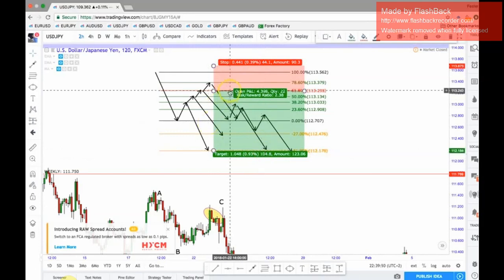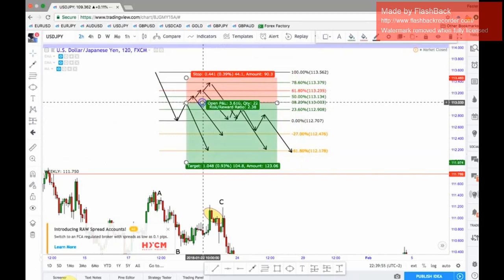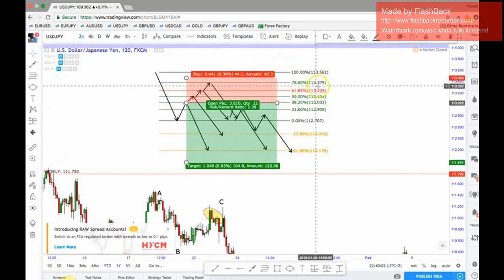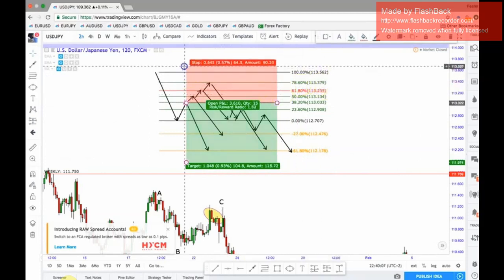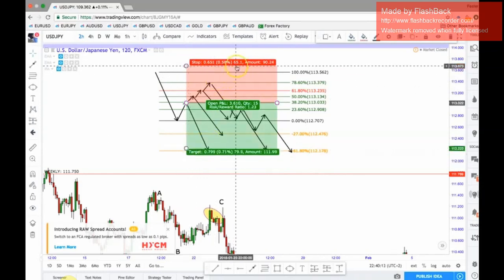Now let's just say you took the entry based off the 38.2 retrace, which is down here. The rules still apply with regards to 78.6. It needs to be 30 pips above 78.6's price point, which as you can see is 113.379. So it's 113.679, like that. Now automatically it changes your risk to reward ratio completely.